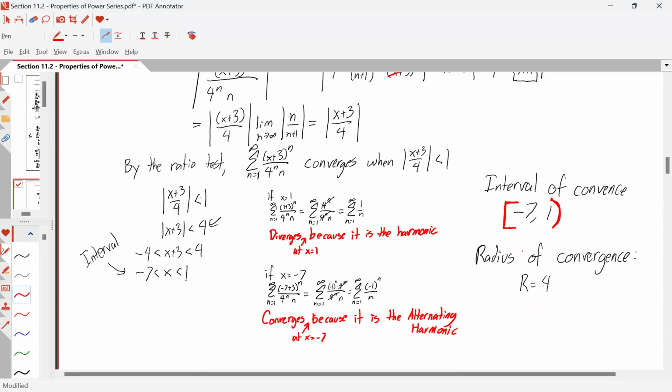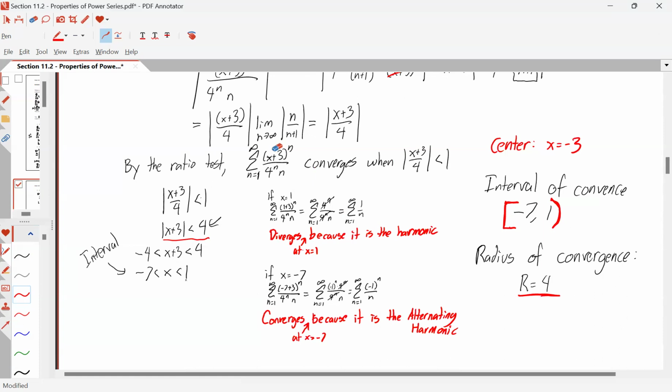Instead, we would address the fact that r is 4 again, besides this inequality, which tells us it's 4. But why does that tell us it's 4? Well, our center here is x equals negative 3. And to go from negative 3 to positive 1, or from negative 3 to negative 7, whichever direction we go, that is a distance of 4.